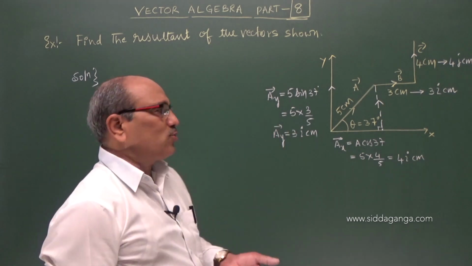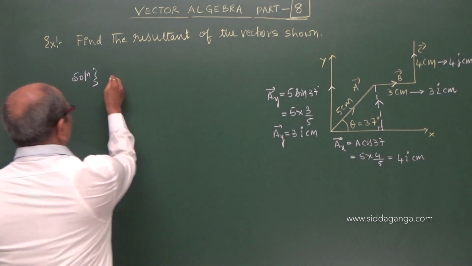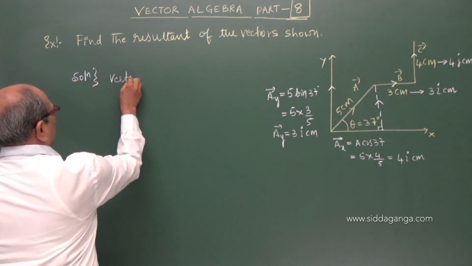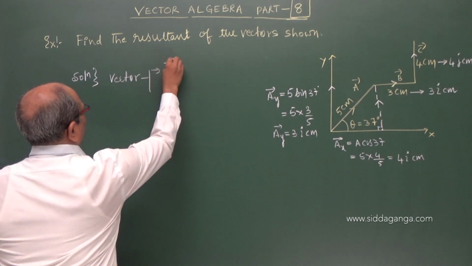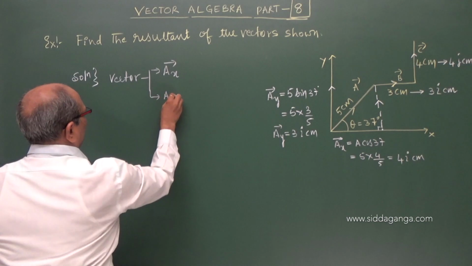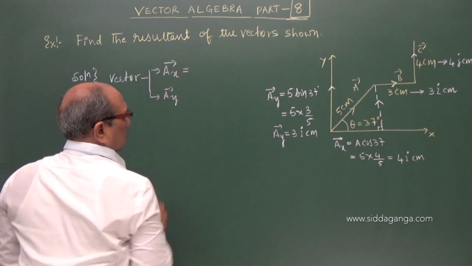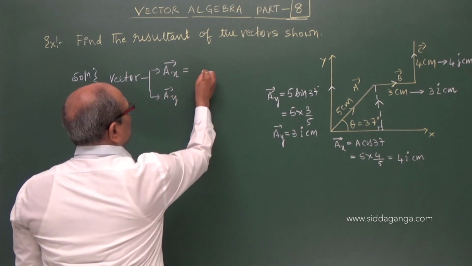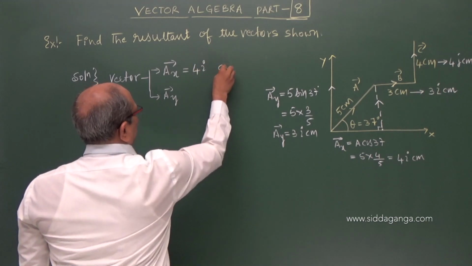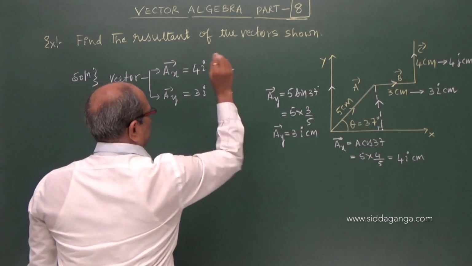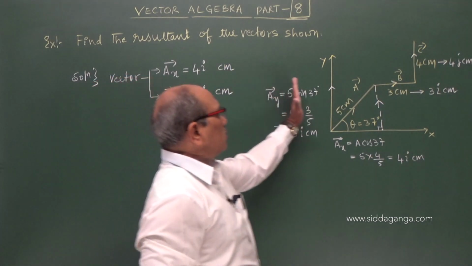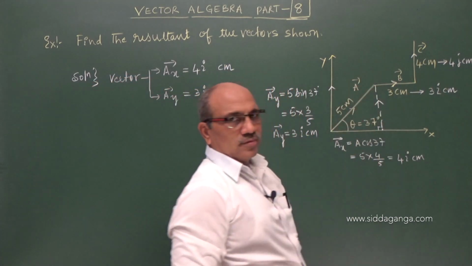I resolved vector A into x component and y component. The x component I got is 4i centimeter, the y component I got is 3j centimeter. So corresponding components can be added.